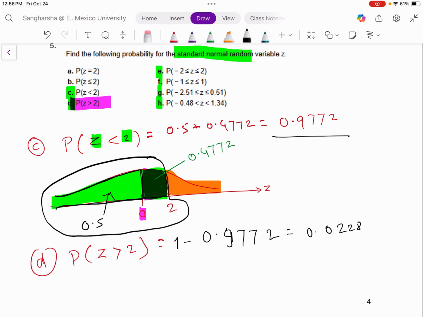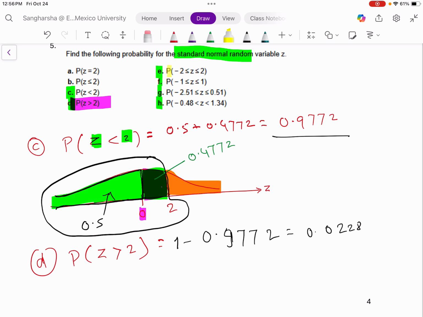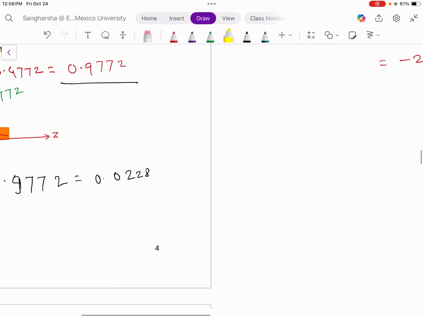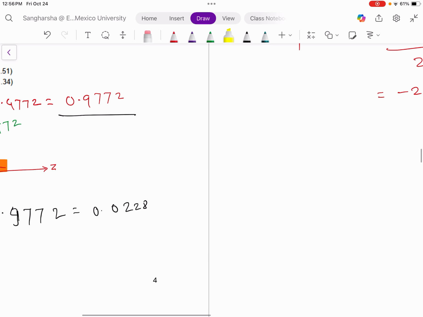In part E, we are asked to find the probability that our G is in between -2 and +2. So let me draw a bell-shaped curve first. In number E, we want to find the probability that our G is greater than -2 and less than +2.